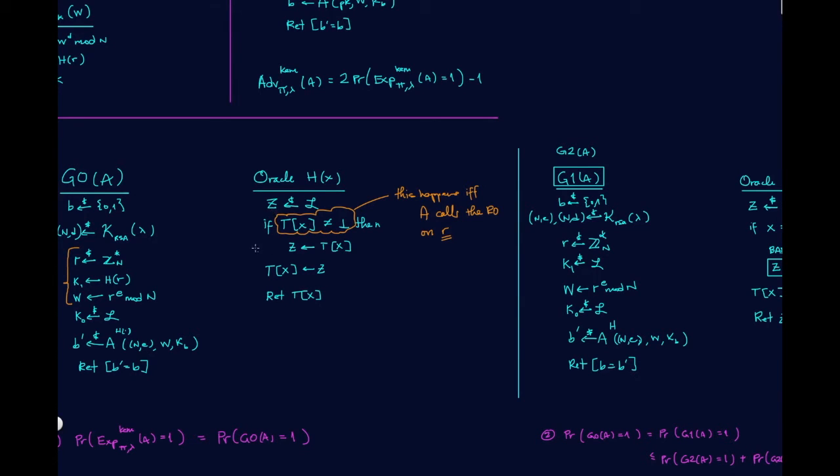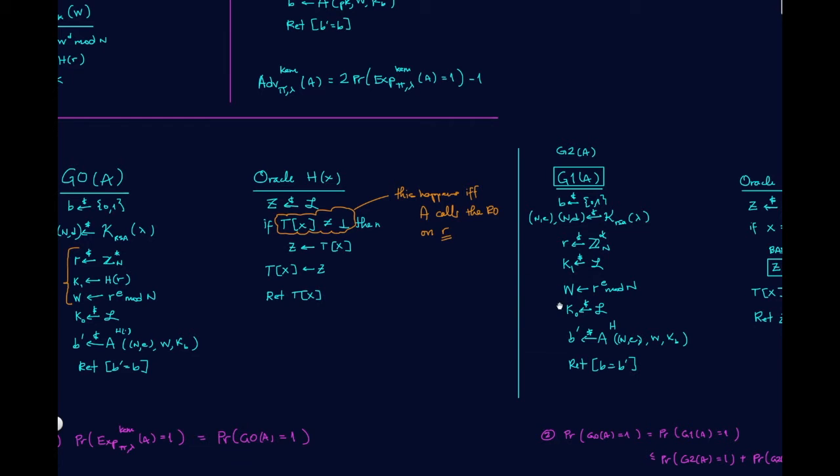Okay, and if later on this oracle is ever called on R, we return that value. But we could just as well have picked the value that we for K1 uniformly from L, and then just later on said, well, if this guy ever gets called on R, then we'll use the value that we picked as opposed to picking it here. Either way, the distribution of this value is uniform over the set L.